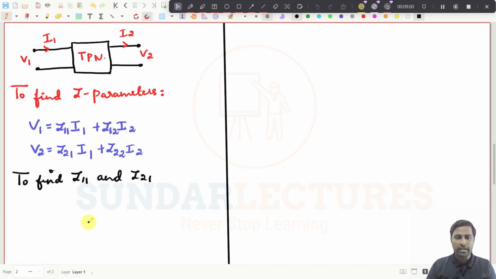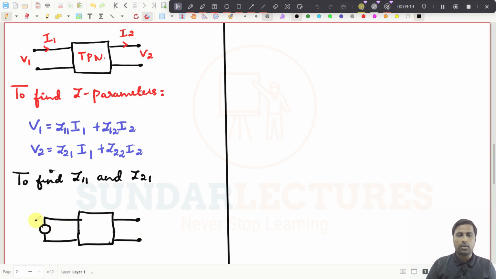See, this is the two-port network, and you are just going to open circuit this one. I am not going to touch this one, right? And I am going to excite this network. So if I excite, what will I get? This is V1 and I1 should flow, and this I2 will now be 0, and this is V2.